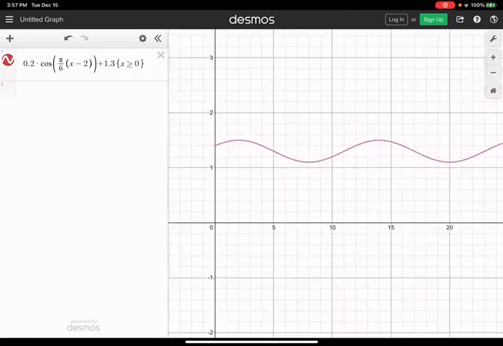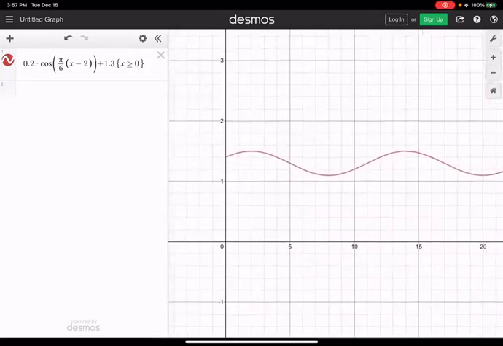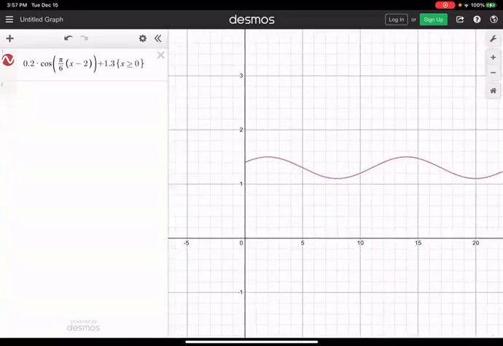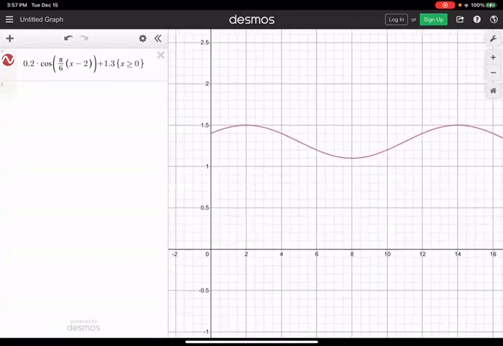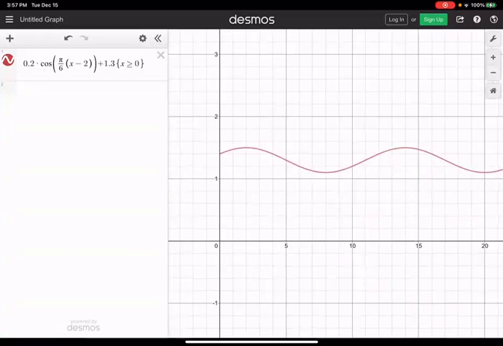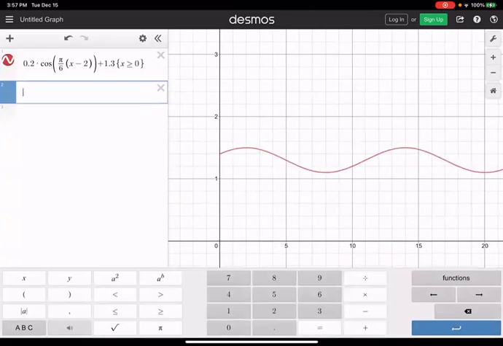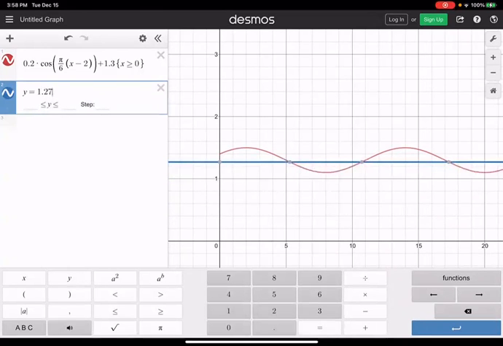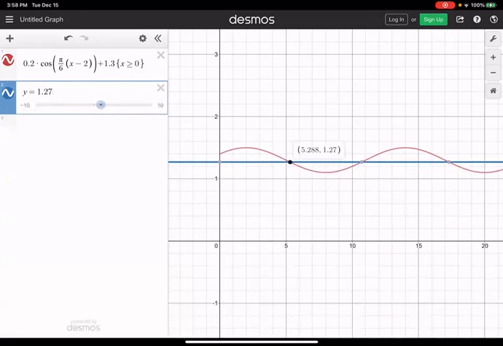So we are only looking at the places where y equals 1.27. So this is 5:29 p.m. on the same day, right?